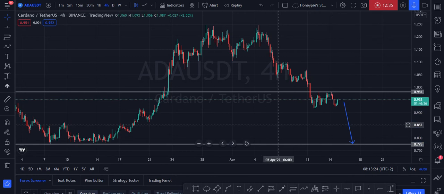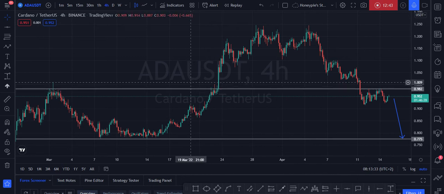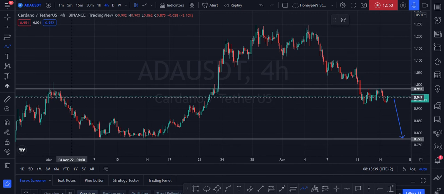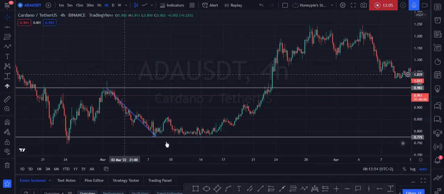Now, let's identify one or two more support and resistance. This point has already been identified as a resistance. Why is this place going to be called a valid resistance? Because price got to this zone and dropped, a massive drop.